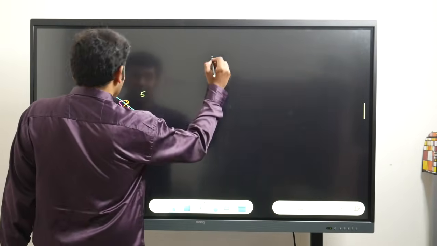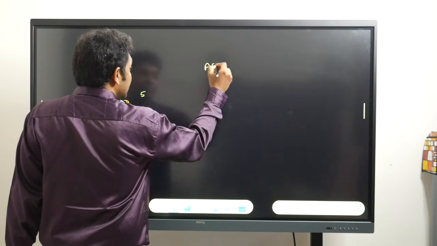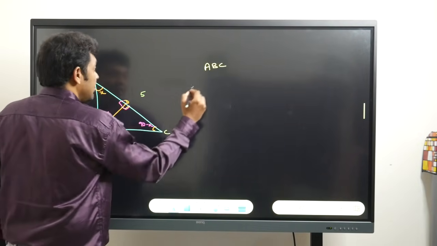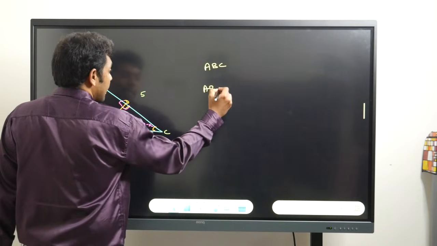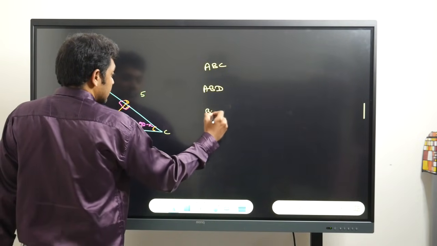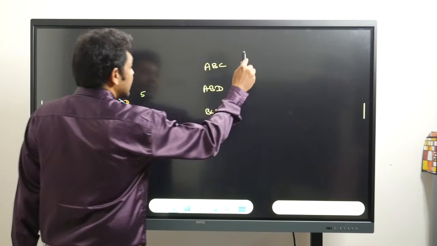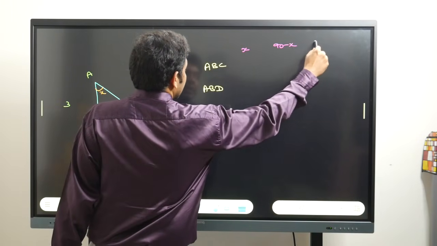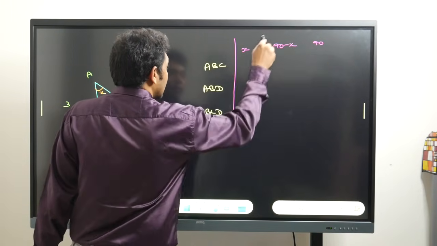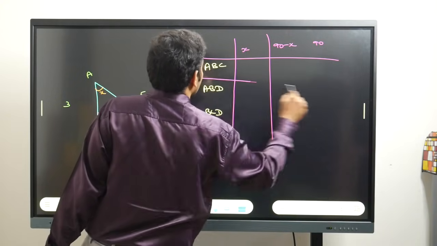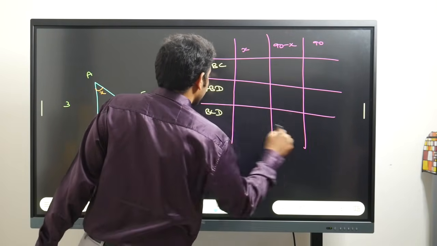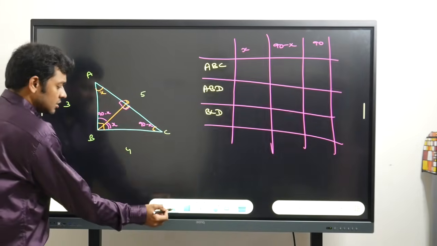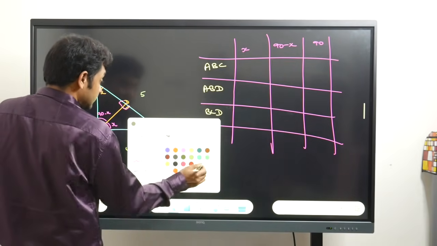So we have triangle ABC and ABD and BCD, with three angles x, 90 minus x, and 90. What are the corresponding sides?